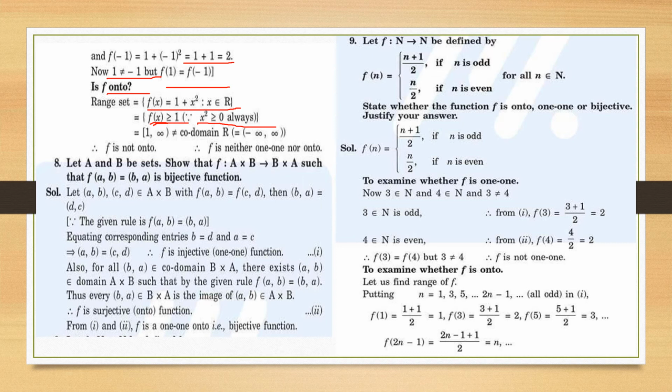So that means the range is the semi-closed interval [1, infinity), which is not equal to the codomain of all real numbers. So f is not onto. Hence it is neither one-one nor onto.